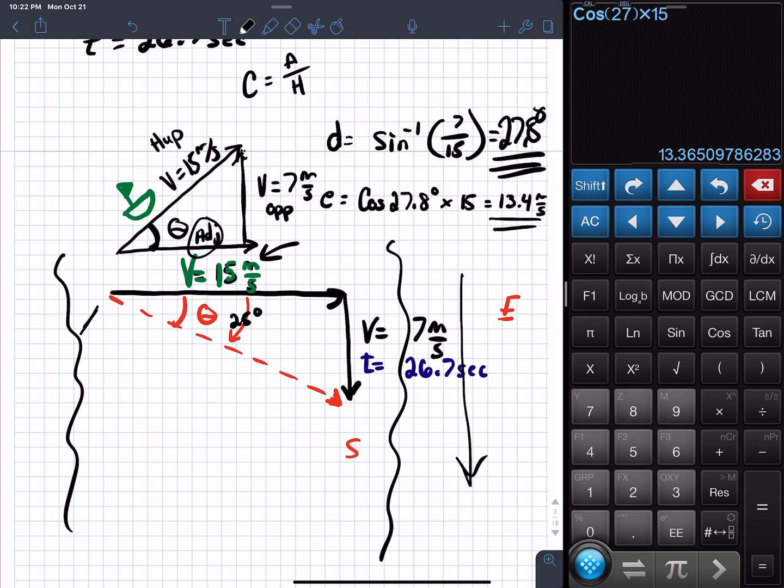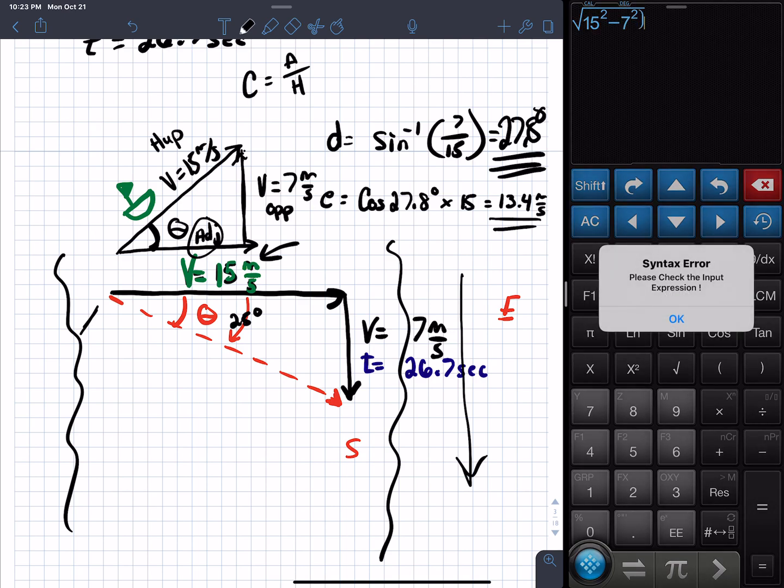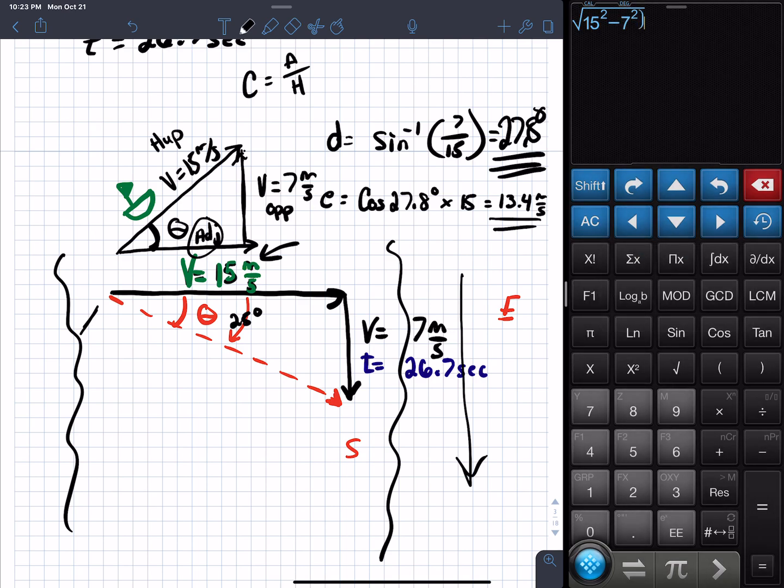Now we could have solved that a couple different ways. Like I said, if you wanted to use the Pythagorean theorem, you'd have the square root of 15 squared minus 7 squared. I forgot a parenthesis in there. Now I got my parentheses: 15 squared minus 7 squared, close it up, and you get 13.3.